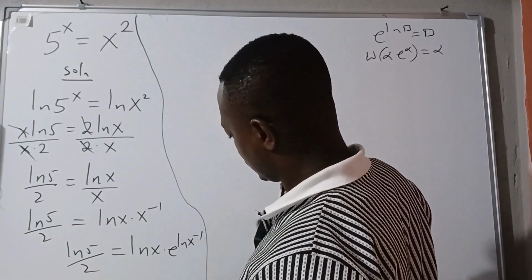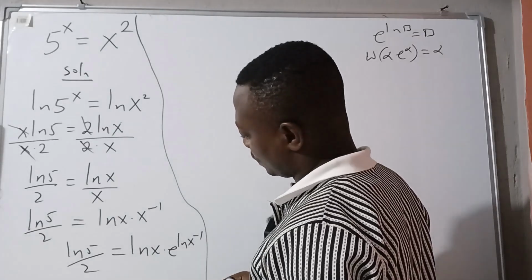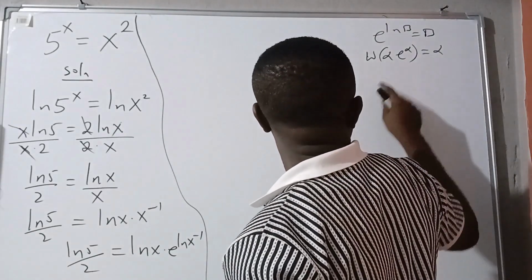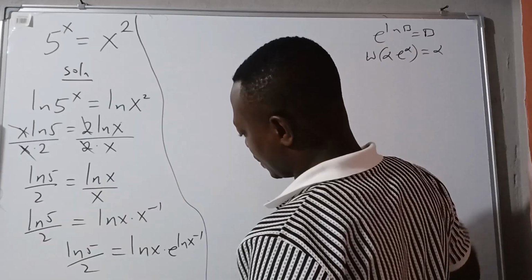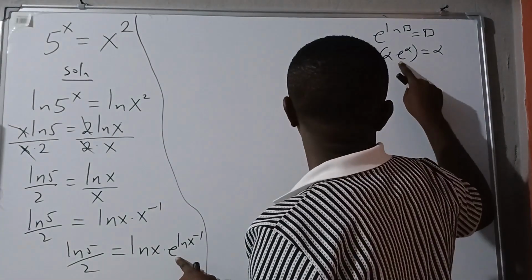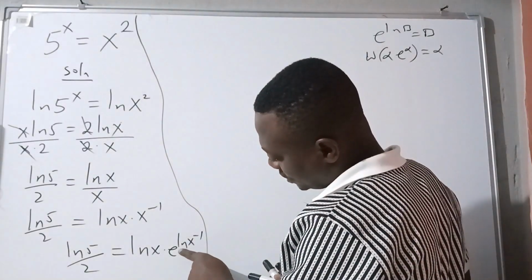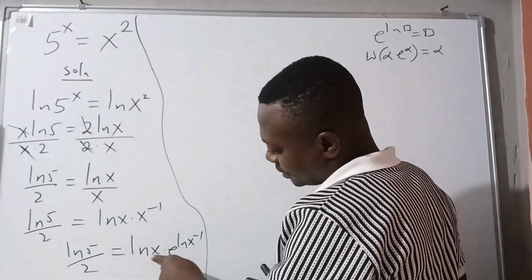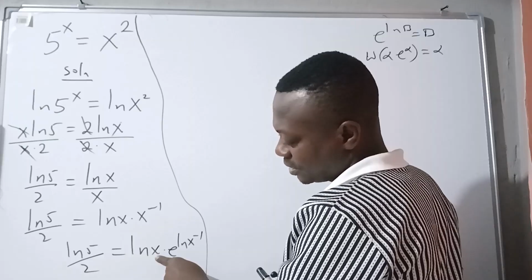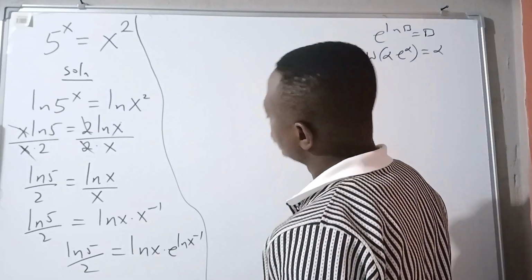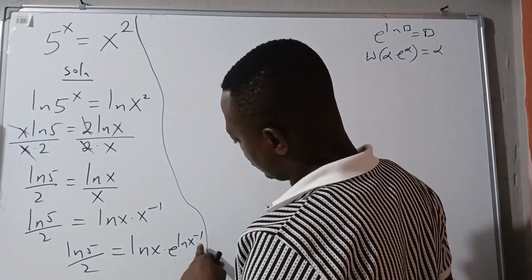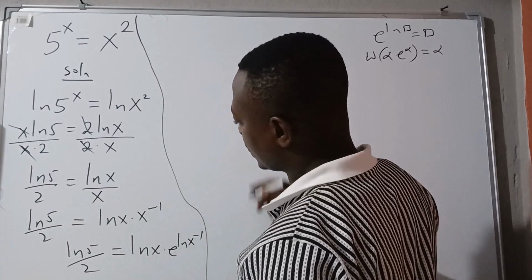So let's first of all work towards this. We have the e here, and the e is here. Before we can take the W function, what is here must be the same as what is behind here. So let's go ahead, because this one is a power which will go behind.